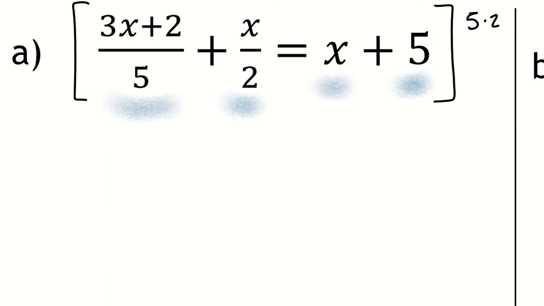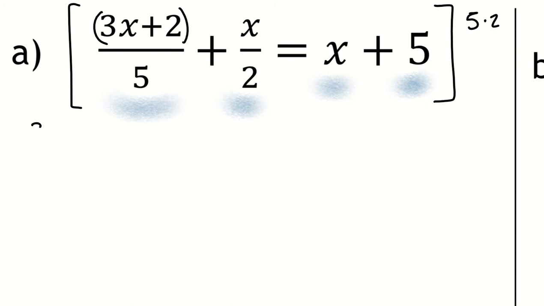Another helpful thing is, when there are multiple terms within a numerator, to place parentheses around them, to remind us that whatever we multiply by, we need to distribute across those 2 terms within that fraction.